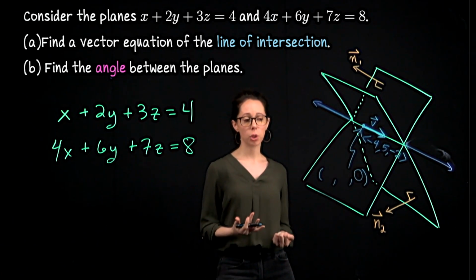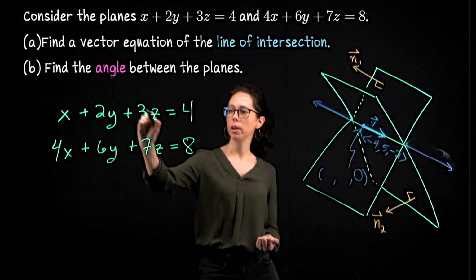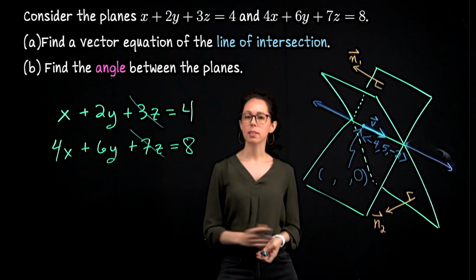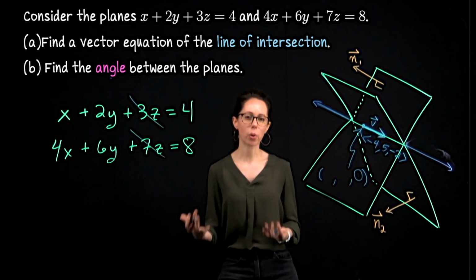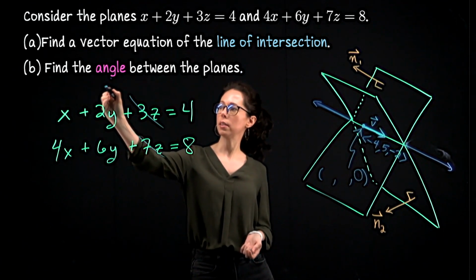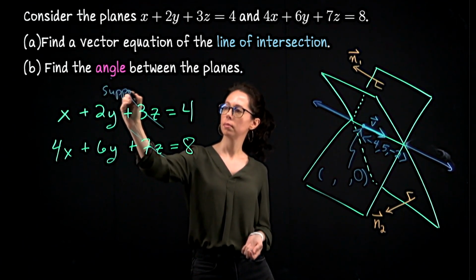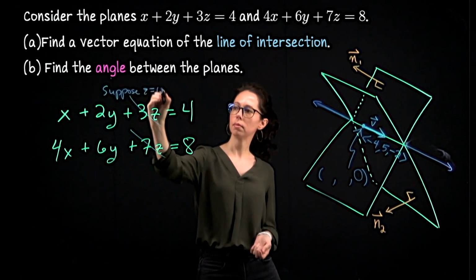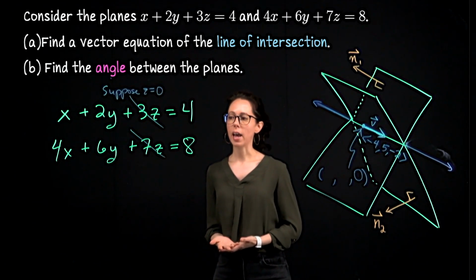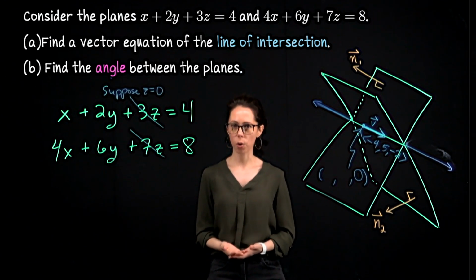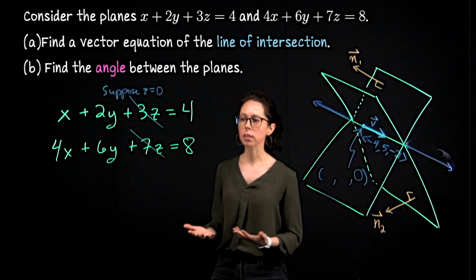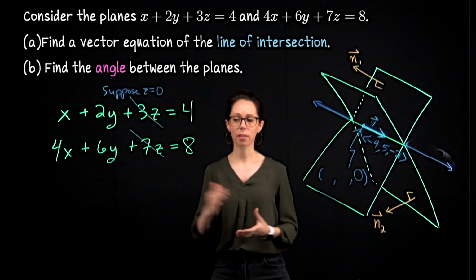And the reason why I'm doing that is because if z is 0, I can just get rid of these from my equations, leaving me with a system of 2 equations for 2 unknowns, which we're going to solve using traditional techniques. So let's just suppose z is 0. If for some reason that had left us with a pair of equations for which there was no solution, that would mean that no point on this line had z equals 0, so we could just make a different choice. Okay, but this is a good one.